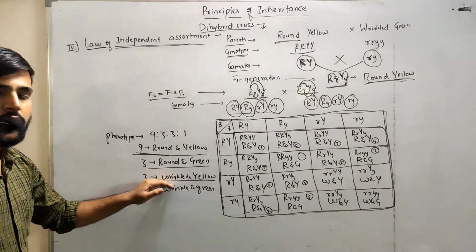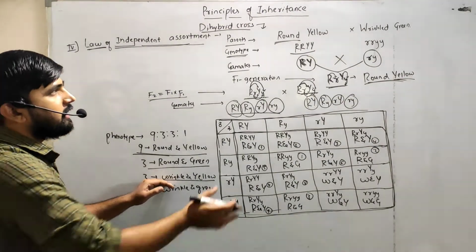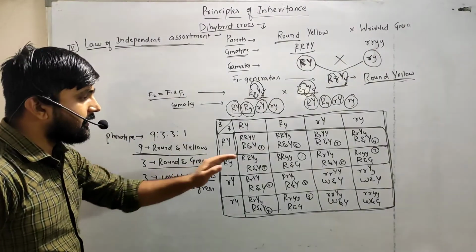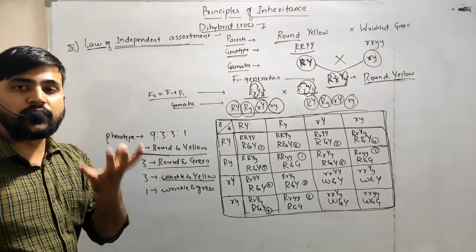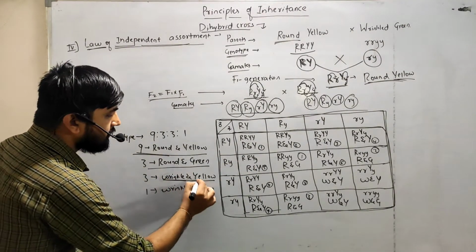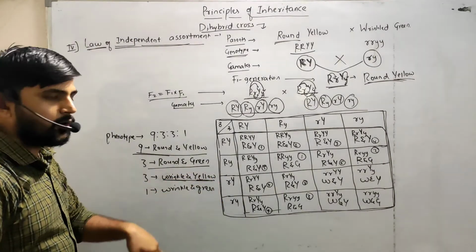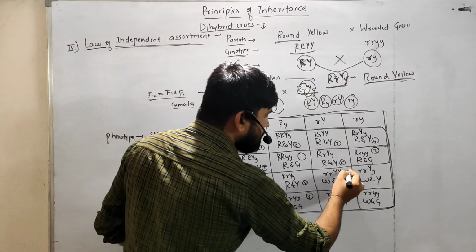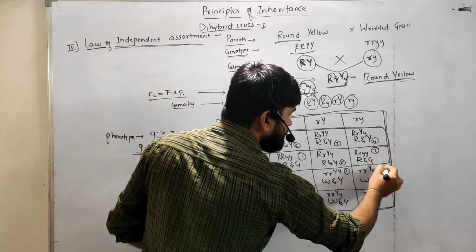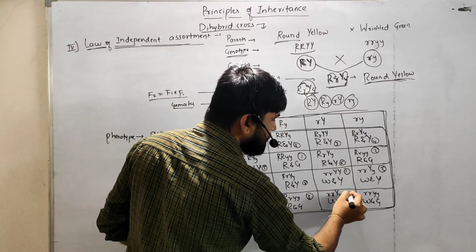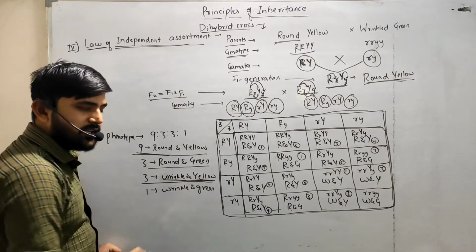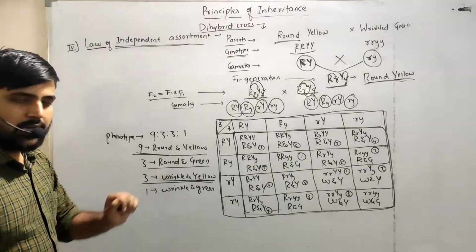This is also a new combination, because our parents have wrinkled green. But in the F2 generation, we got a new combination, wrinkle with yellow cotyledons. See here, this is one wrinkle yellow, this is second, and this is third. Means we have 3 offspring having wrinkle yellow.